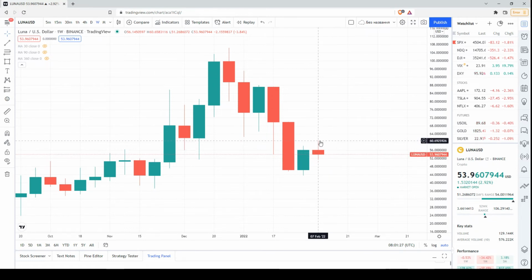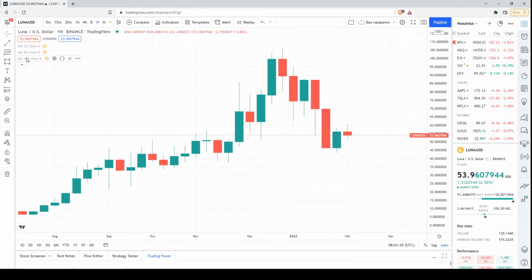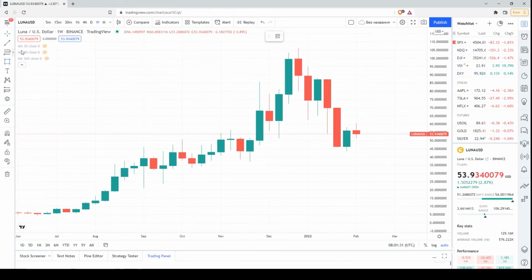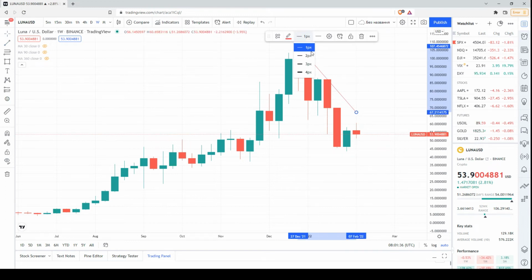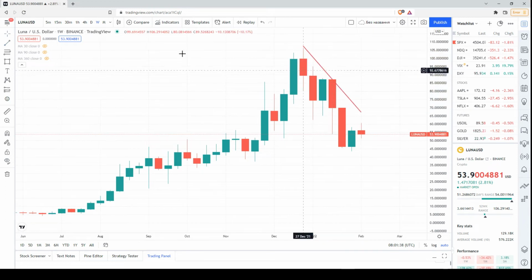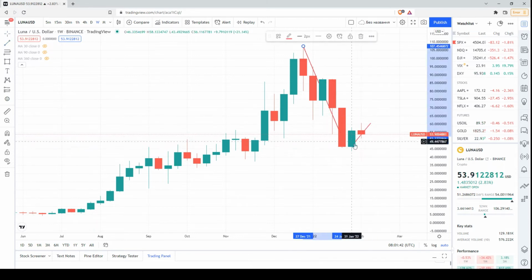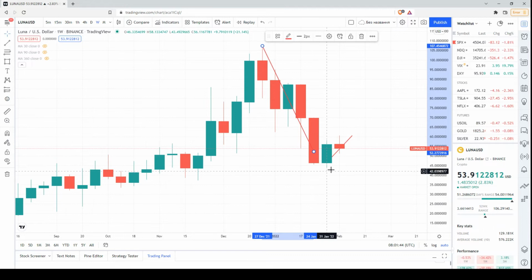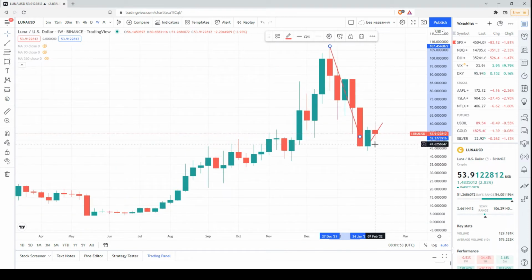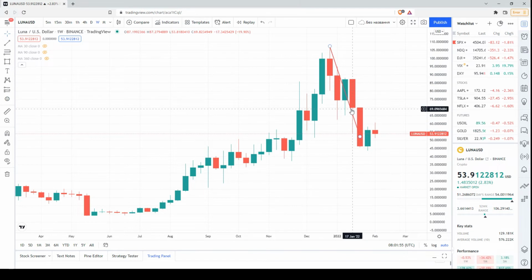Interestingly, it has a local high above the previous one, so we have this bearish pressure here, but it seems the price is starting to rebound, because the last two candlesticks have ascending local lows and ascending local highs. So probably this is some kind of rebound within this correction. This is what I see in the weekly chart.